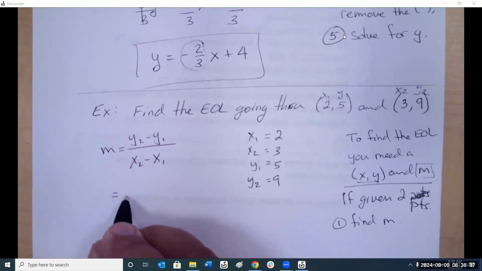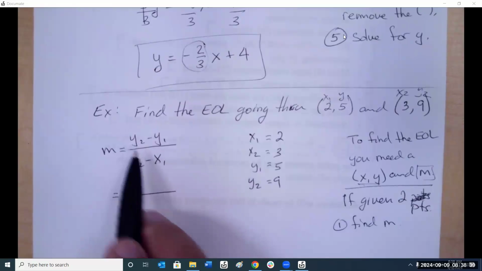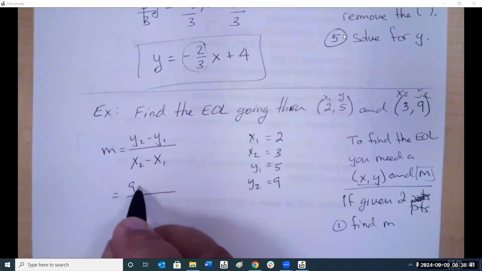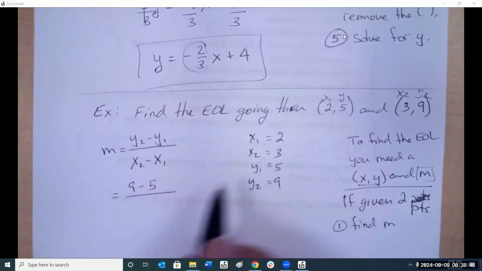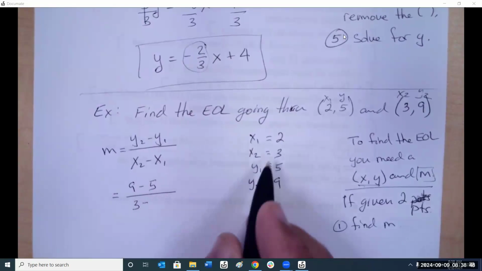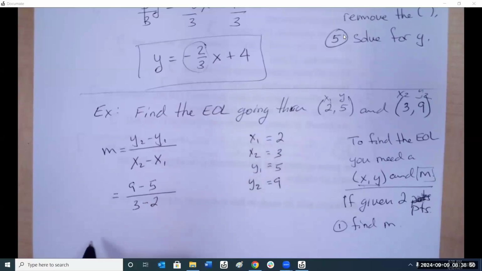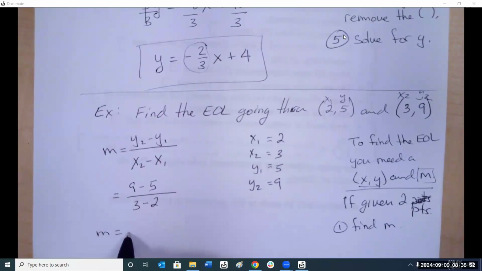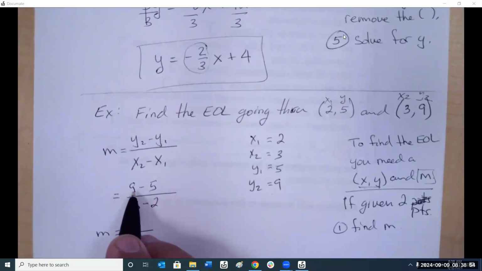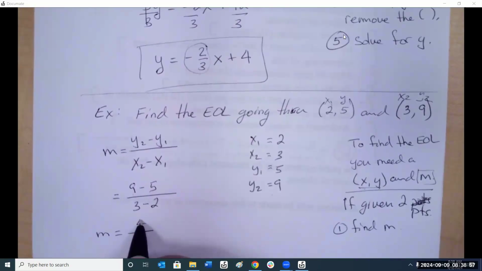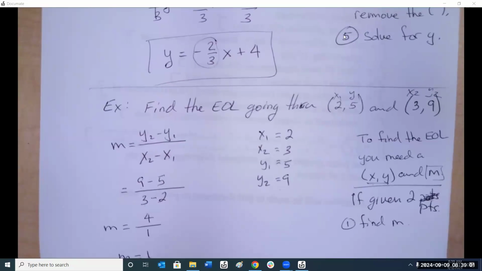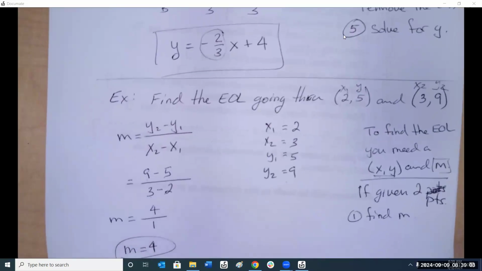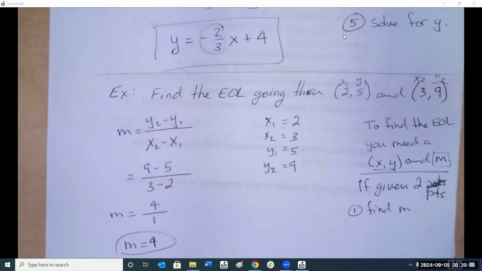So now we just plug them in there. y2 is 9, y1 is 5, x2 is 3, x1 is 2. 9 minus 5 is 4. 3 minus 2 is 1. So the slope is equal to 4. So there's our slope.